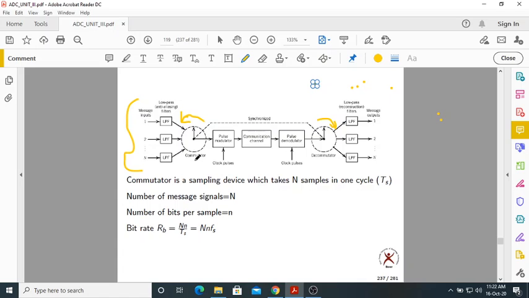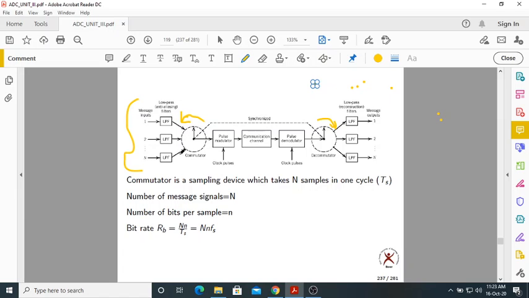The commutator is a sampling device which takes N samples in one cycle. It takes each sample from each signal over a period of Ts seconds. Otherwise, the commutator takes Ts seconds to complete one rotation.